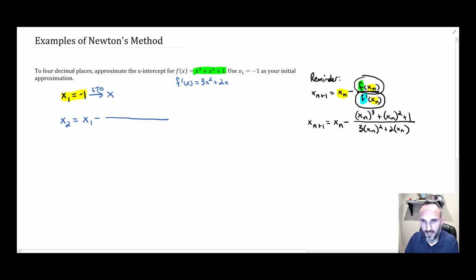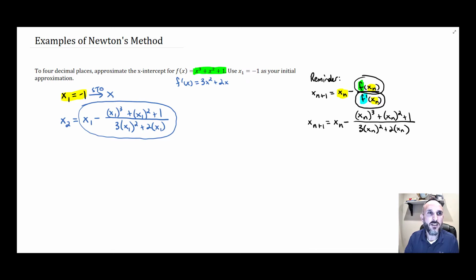I have to actually plug x sub n into the formula, so in this case it's going to be x sub 1 cubed plus x sub 1 squared plus 1 over 3 times x sub 1 squared plus 2 times x sub 1. So you're going to type this into your calculator, but you're not going to use x sub 1, you're just going to use the x variable from your calculator.